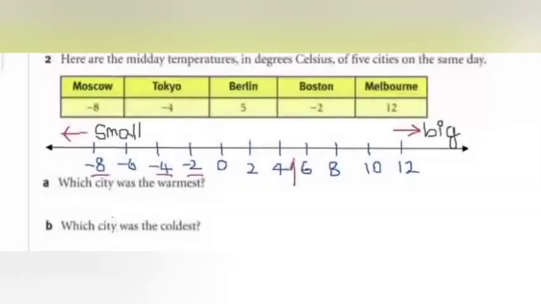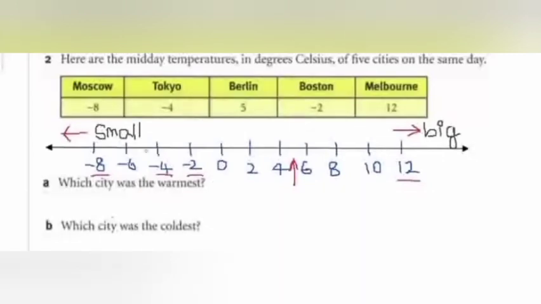So I'm just putting an arrow mark, and 12. The left side shows the smallest values and the right side shows the biggest values. So which is the biggest one? Yes, 12 is the biggest value and no other value is bigger than 12.